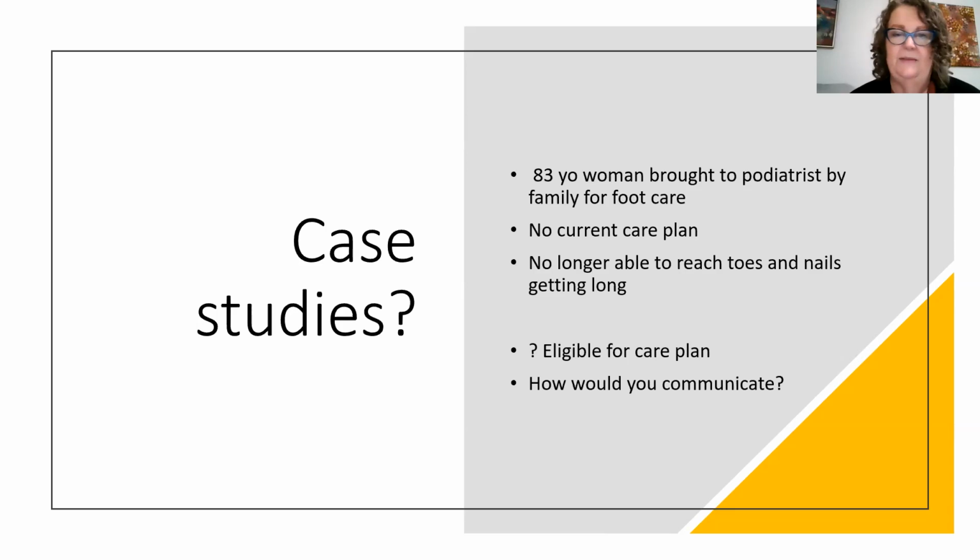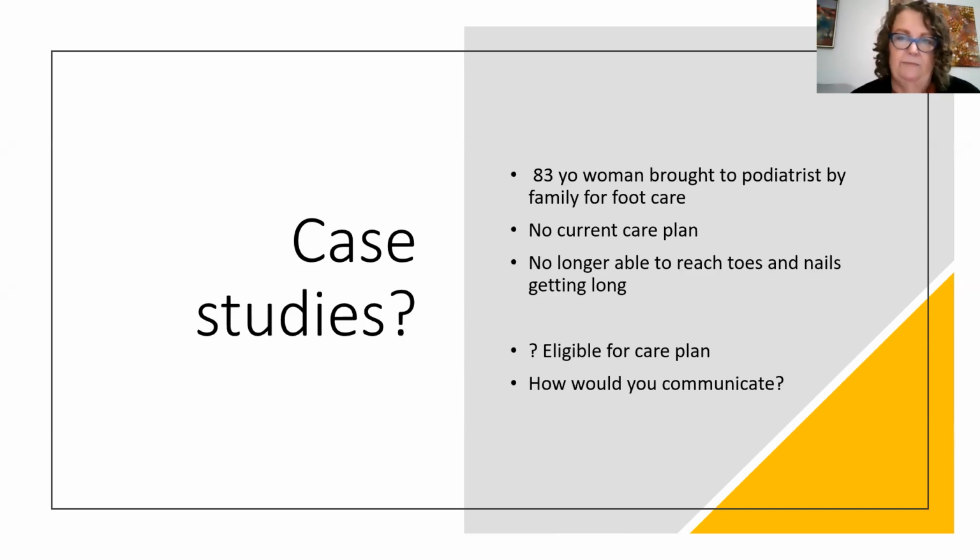So from this point of view, I can't tell you for sure if this woman is eligible for a care plan at this stage. You as a receiving podiatrist would have to take a medical history and see if they have a chronic complex medical condition. If it's just frailty, it's a bit hard. That's not necessarily a diagnosis, although sarcopenia is.